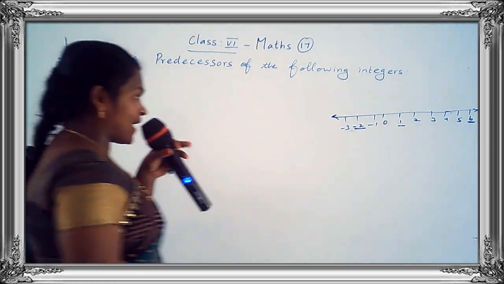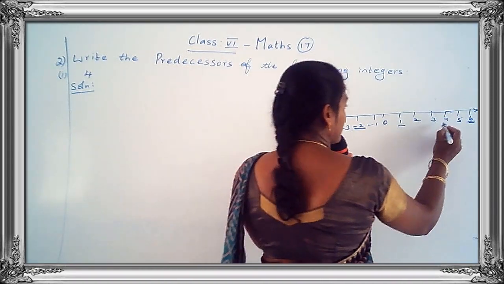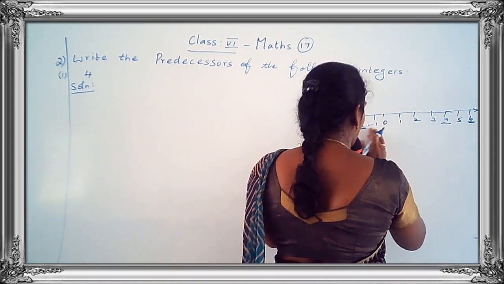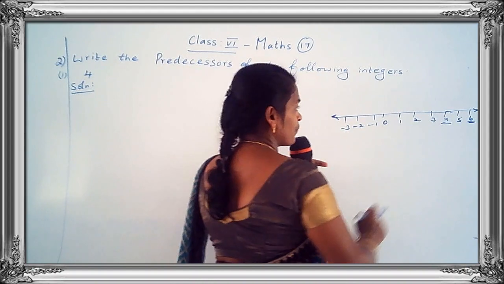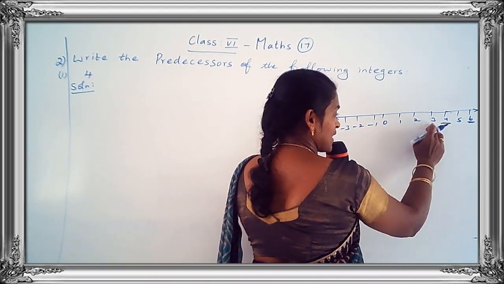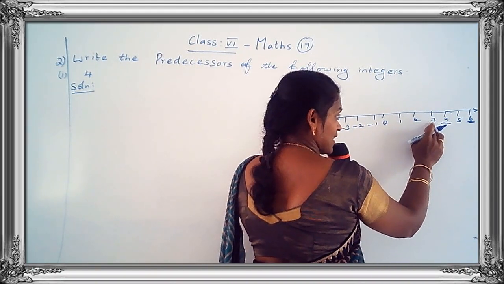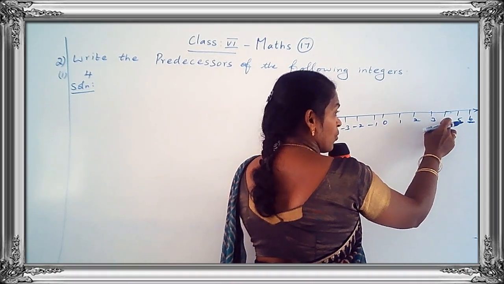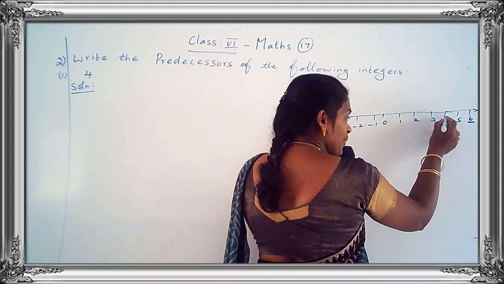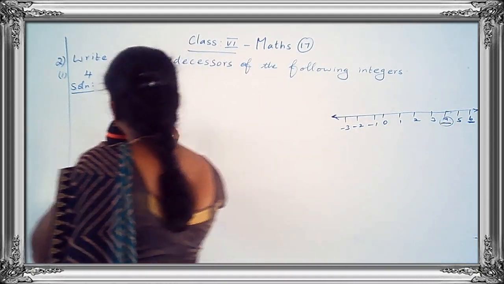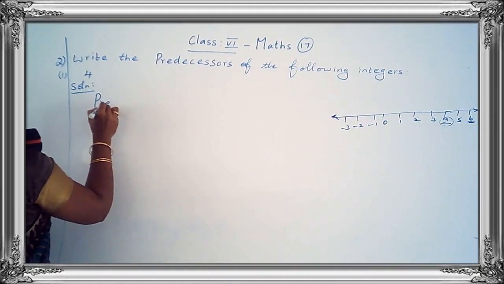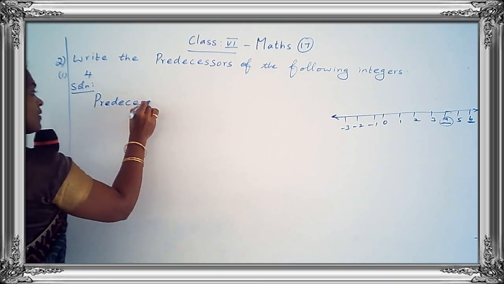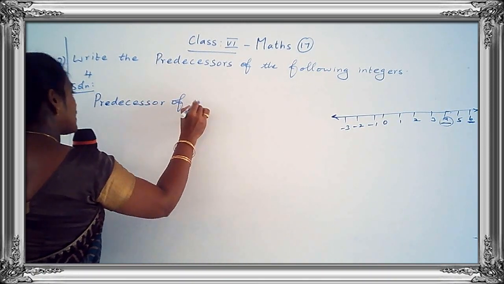Where is 4 here? Here. So which number is on the left side of 4? 3. Yes, left side of 4 is 3. Yes children, here 3 lies on the left side of 4. So that's why predecessor of 4 is 3.